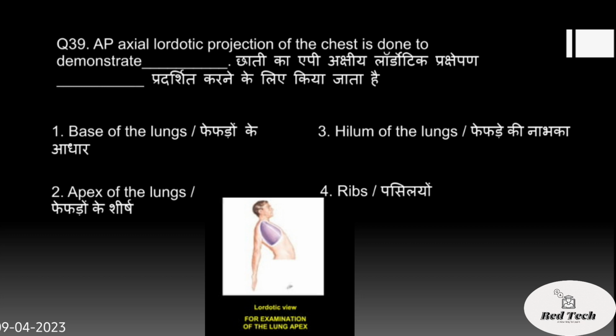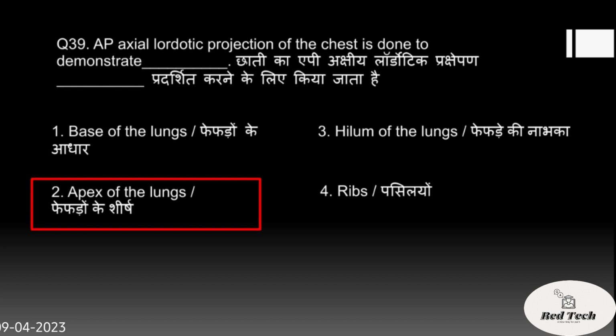That is the projection position. So we would see the apex of the lungs. The right answer is option 2, apex of the lungs. To demonstrate the apex of the lungs, we do the AP axial lordotic projection.